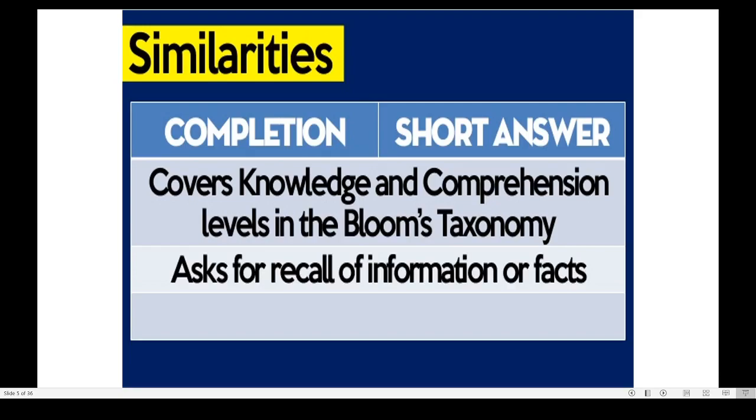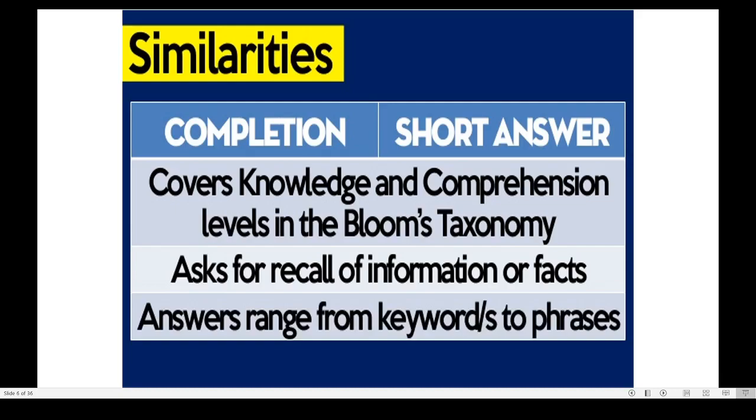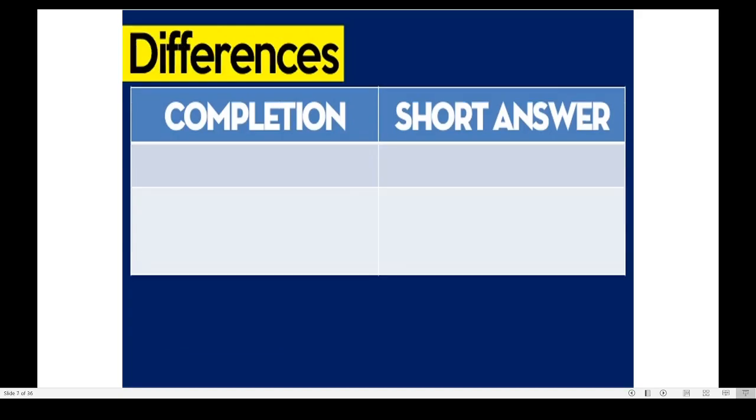It asks for recall of information or facts, basically because it covers knowledge, and its answers range from keywords to phrases. So remember that the range for short answer and completion are only keywords and phrases and not a whole sentence.